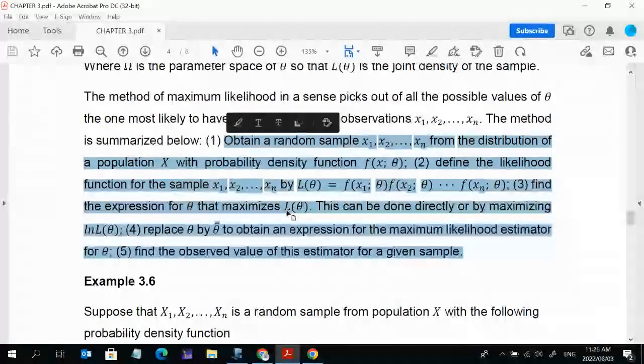So we differentiate that, equate it to 0, and solve for theta.